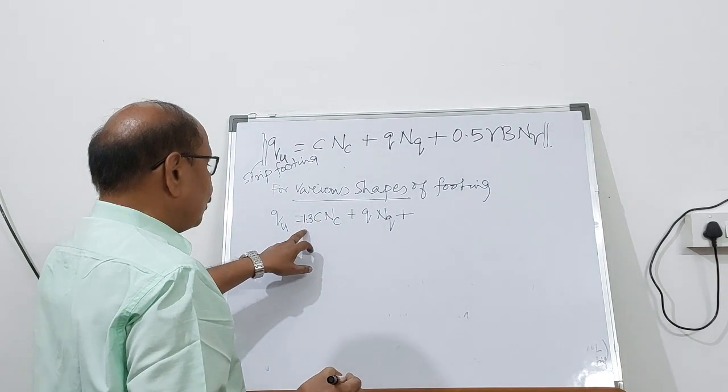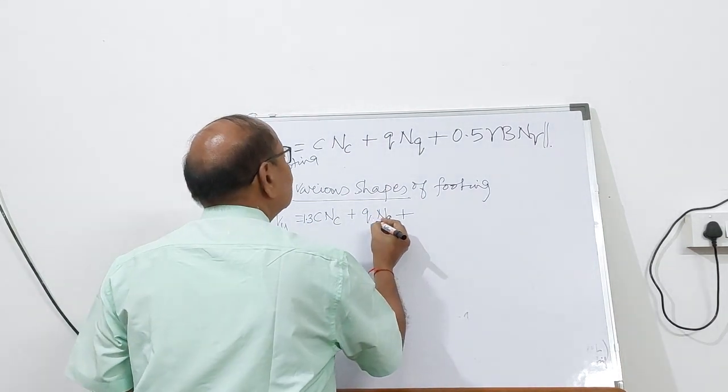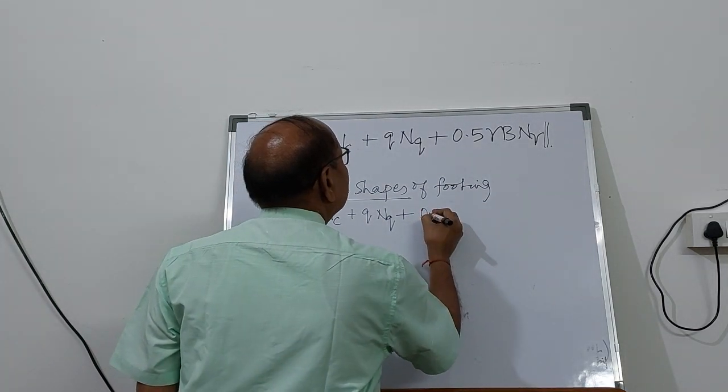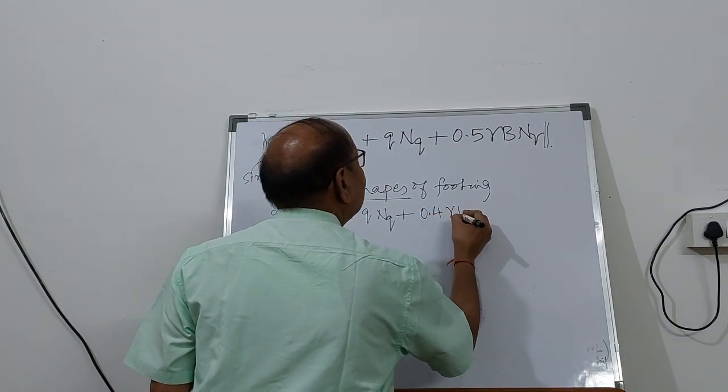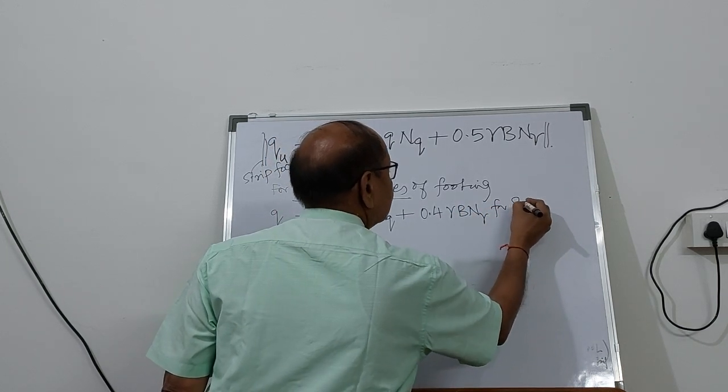So it becomes 1.3cNc + qNq + 0.4γBNγ for a square footing.